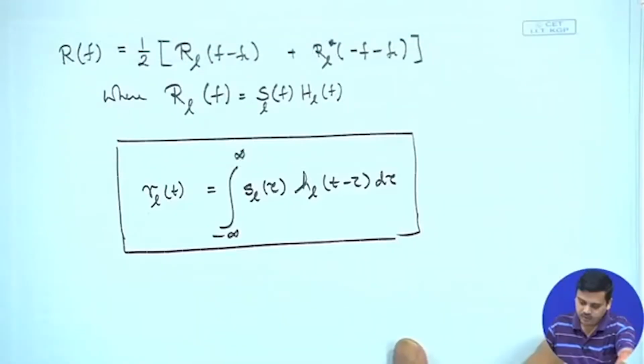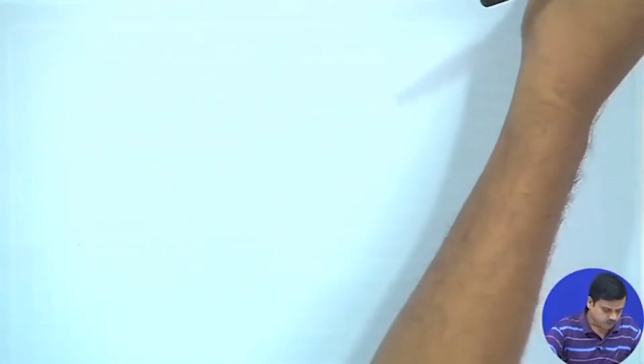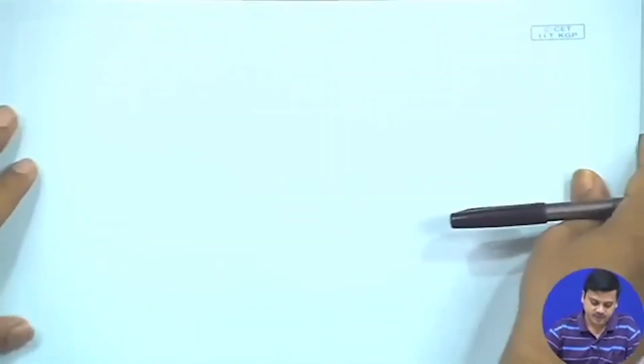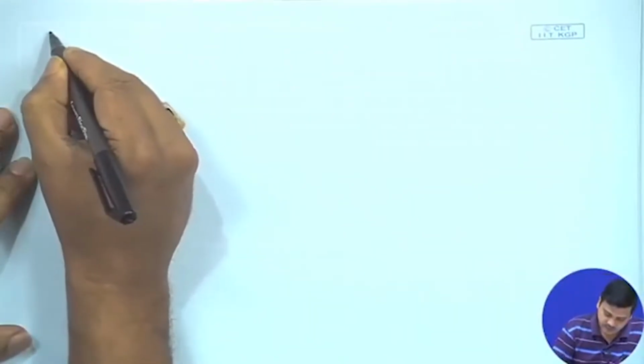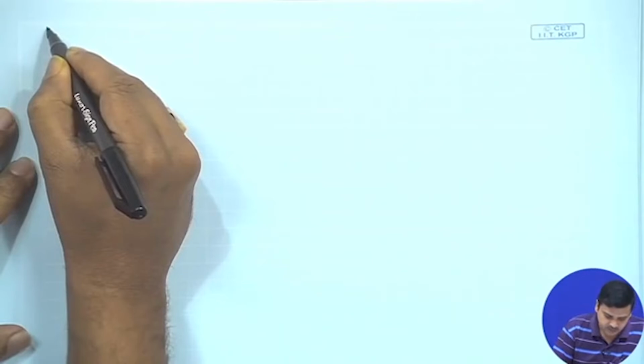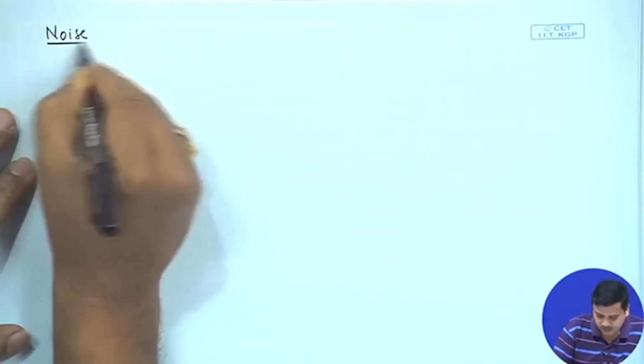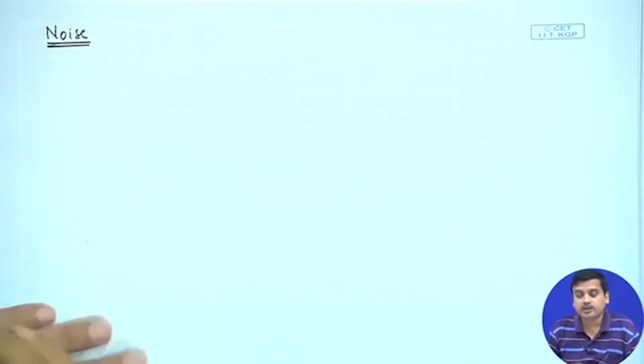So, we continue in this same mode, but now what we would like to do is look at noise. Noise is very important. We said in the beginning noise is one of the important aspects. When you talk about noise, of course, what we are going to do is apply our results to noise.